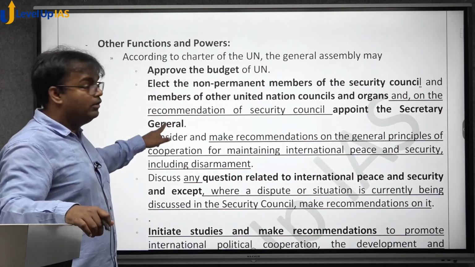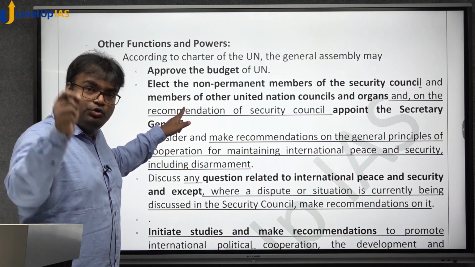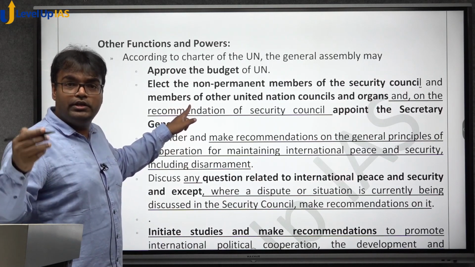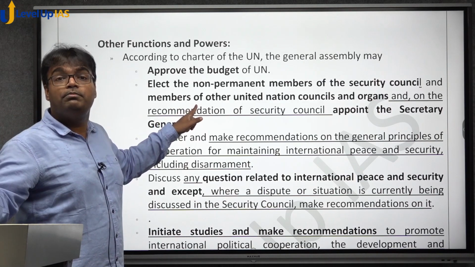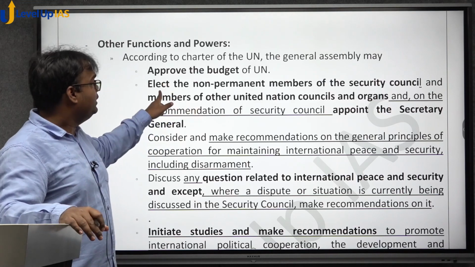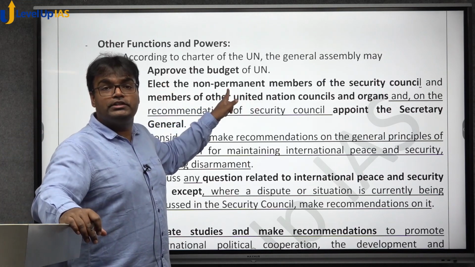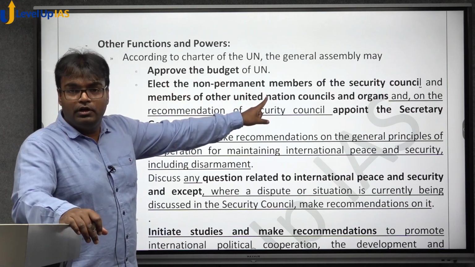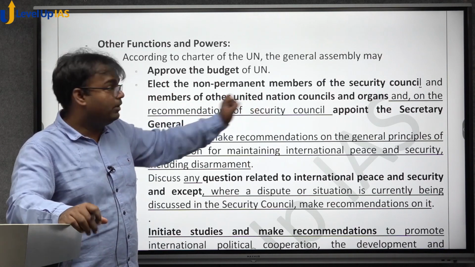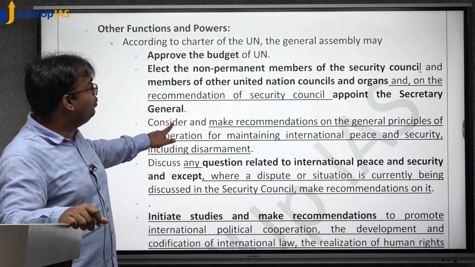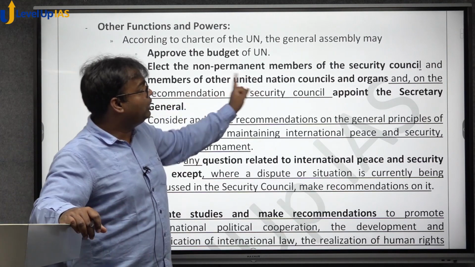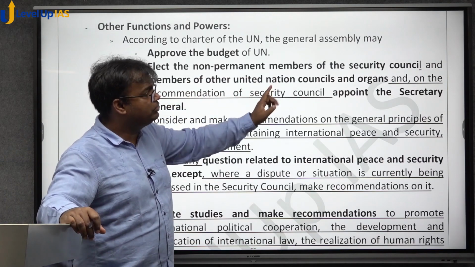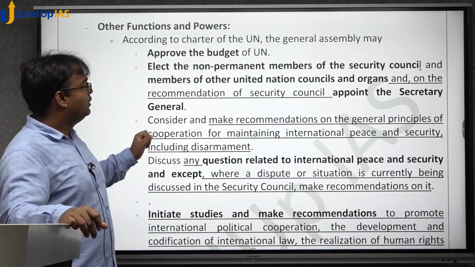So, for preliminary examination, if you are asked a question, who appoints the non-permanent members in UNSC, then it is the United Nations General Assembly which appoints the non-permanent members.